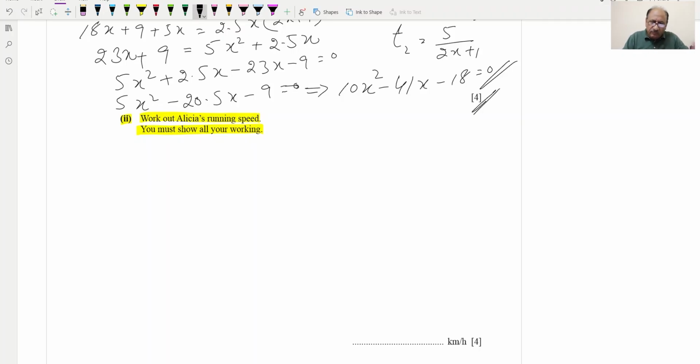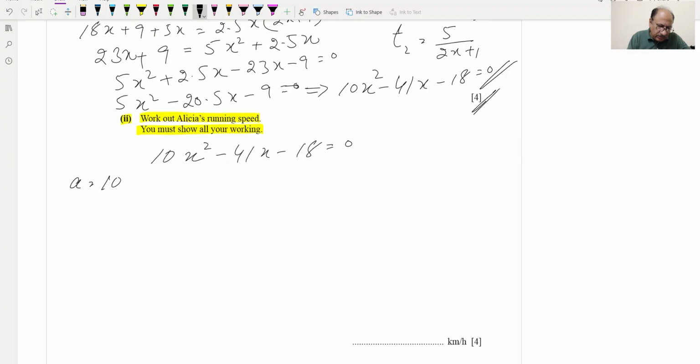Running speed means we will be solving the quadratic equation which we formed in the previous part, and that x value we will calculate. So now we can factorize, or we can apply the quadratic formula, whatever is convenient for you. I will use the quadratic formula.